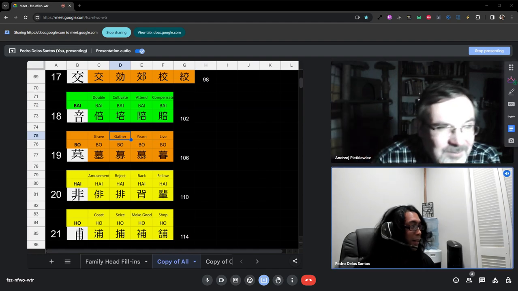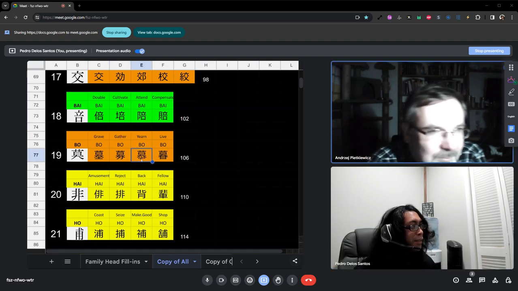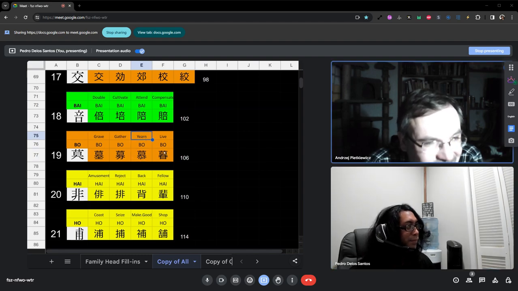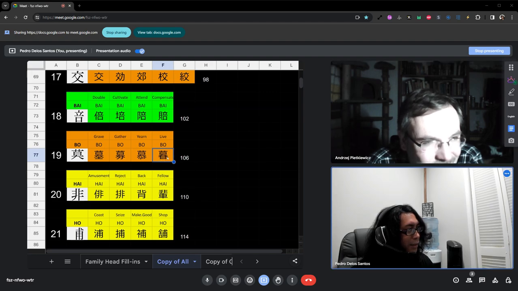Right, right, correct. This one here is actually a misspelling. This is supposed to be a heart, but they kind of messed up. So, yearning. And then sun going down, and then the sun is just continuing on. This is to live. So that's the idea between grave, gather, yearn, and live.